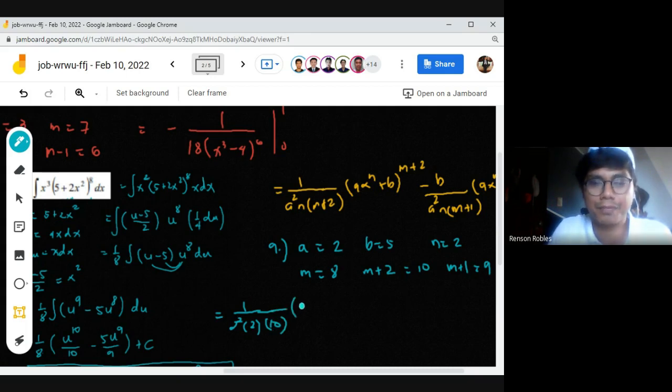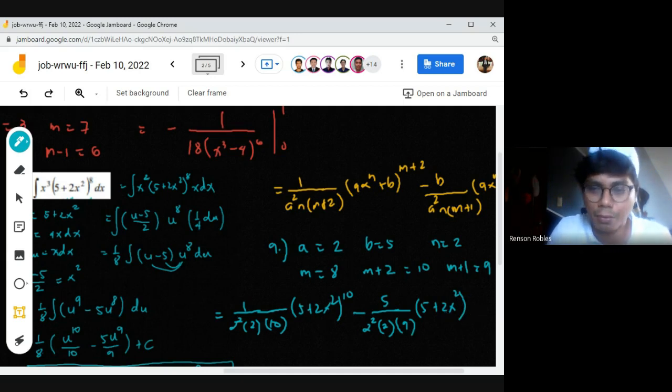Then you just copy 5 plus 2x squared. Then this is 10, copy 10. Minus b all over a squared times n times m plus 1 times, copy again, 5 plus 2x squared, whatever is this, use it as the power, and then you add c, and you're done.